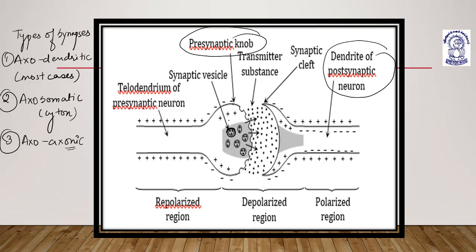This is the axon of the presynaptic neuron, and this is the dendrite of the postsynaptic neuron. These are synaptic vesicles, which are filled with neurotransmitter. This is the telodendrion of the presynaptic neuron.